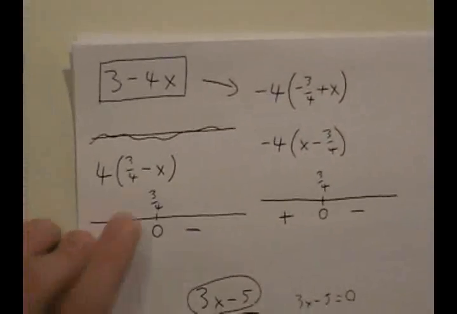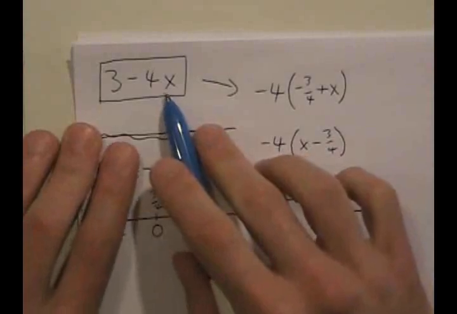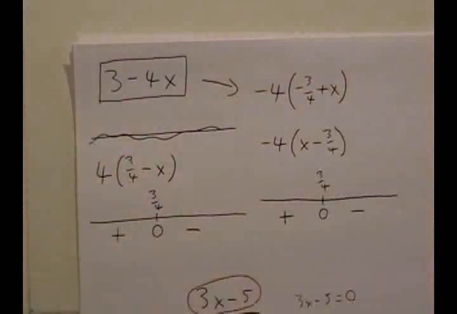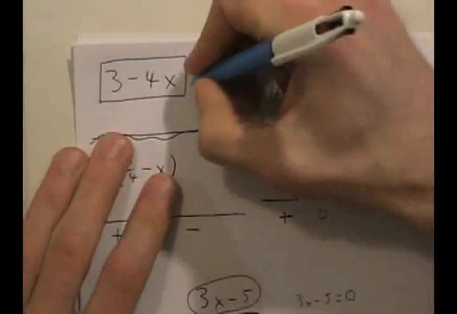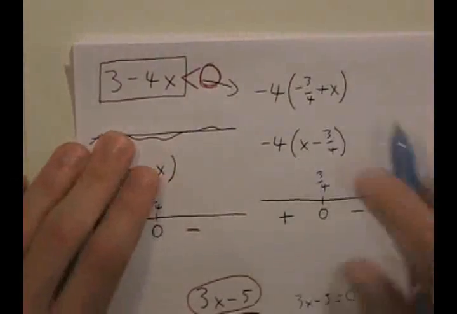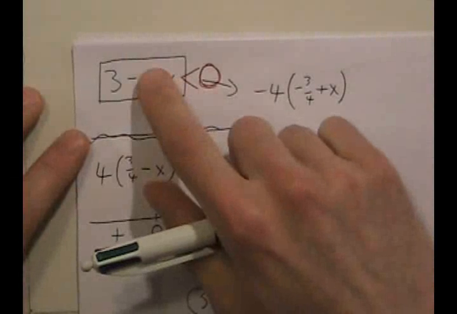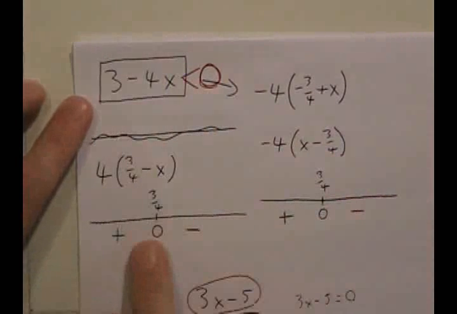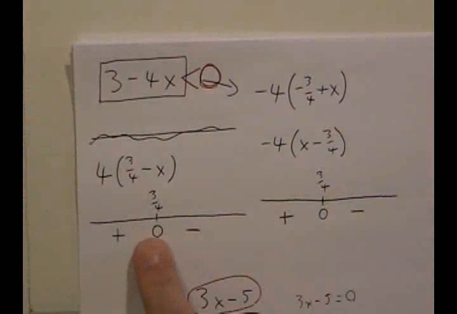This one up here, say, 3 minus 4x. If I want to know, where is 3 minus 4x less than 0? You say, I have no idea, but I'm going to make up a sign chart and figure it out. So you do your sign chart like we just did, and then you can read the answers straight off of this.